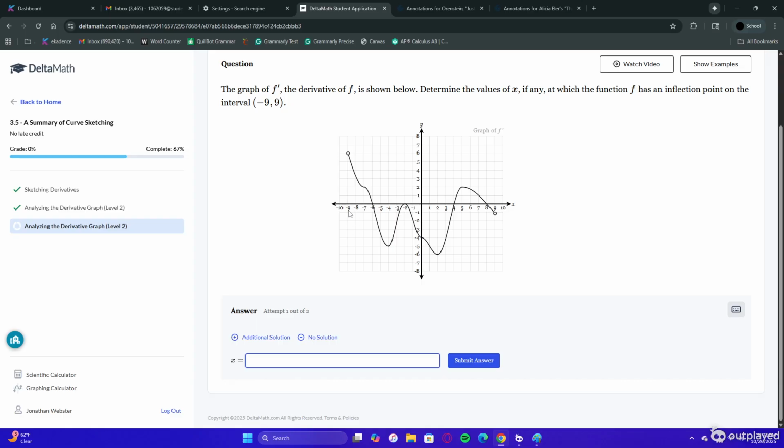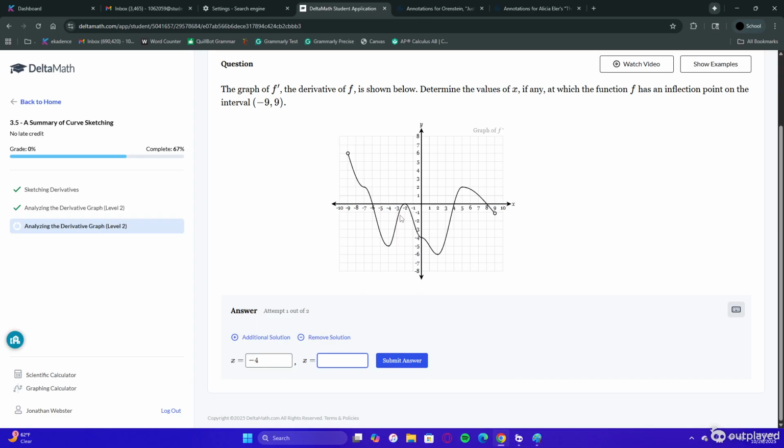So from right here at -9 to -7, we have f double prime is equal to 0 because the slope is 0, but it doesn't change from decreasing to increasing, so it wouldn't be an inflection point. It just goes from decreasing to decreasing. And then right here at -4, it does change from decreasing to increasing, so that would be an inflection point.